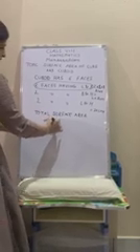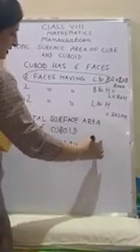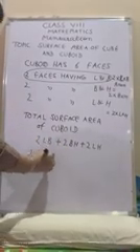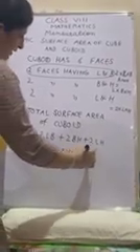It means the total surface area of a cuboid is 2 faces L and B plus 2 faces B and H plus 2 faces L and H. When we take 2 common, we find 2 times LB plus BH plus HL, or you can write LH.